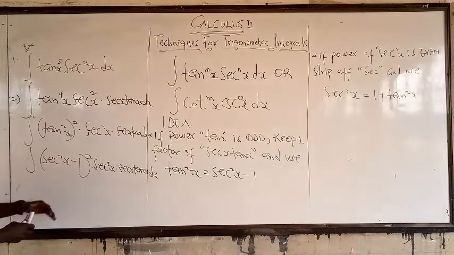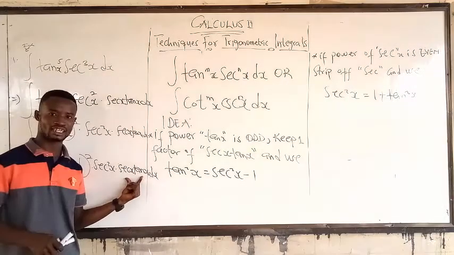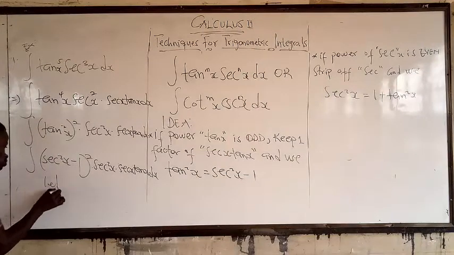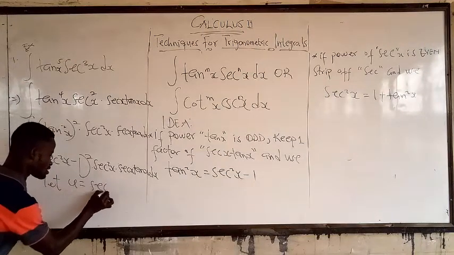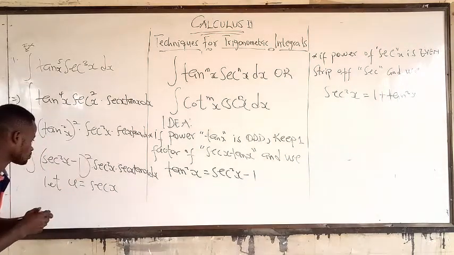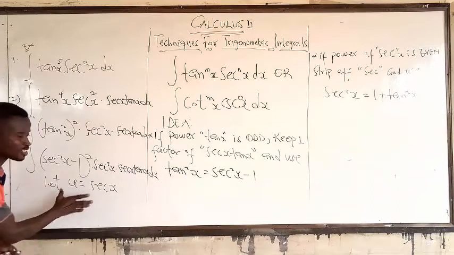So here you can see we have sec, and all this is where we have the tan in. And the reason is that we want to let u be equal to sec x. Please watch me well, watch the board.